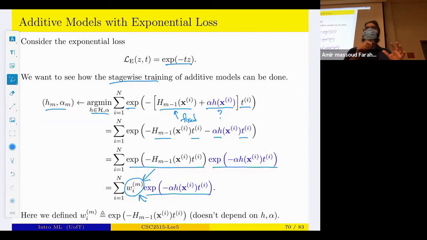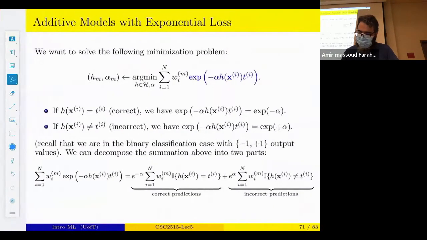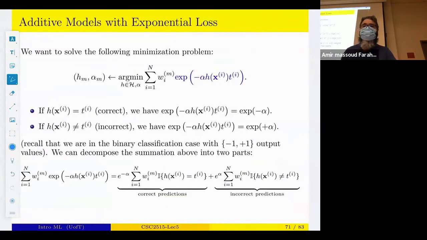And the interpretation of that weight is essentially the loss of the combination of the previous m-1 models on that training point i. So what we get here is that the w part does not depend on h and alpha. So from the optimization perspective, we can just consider it as a constant.